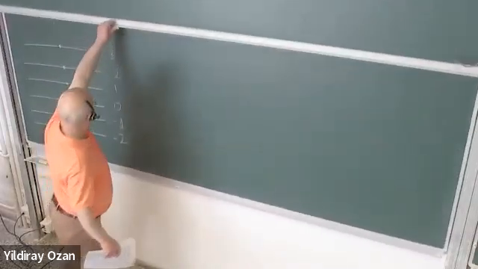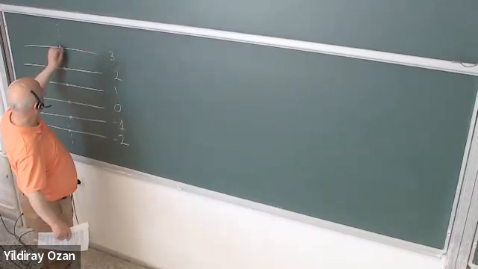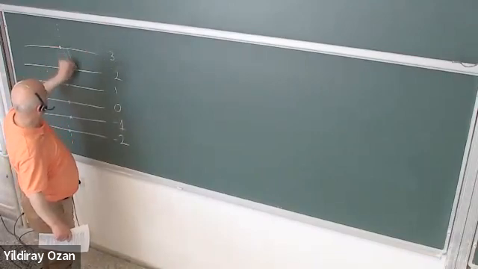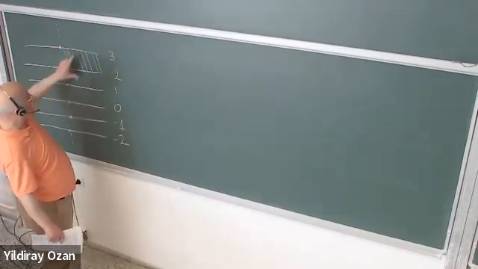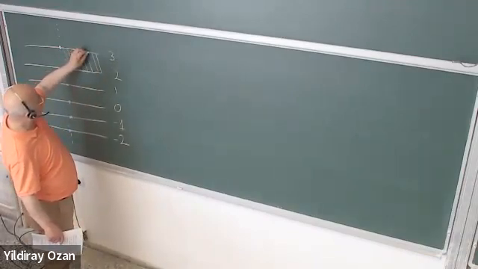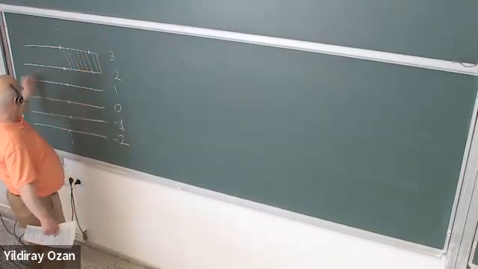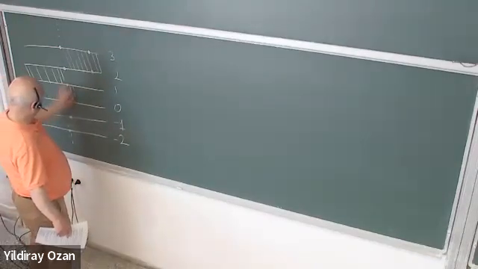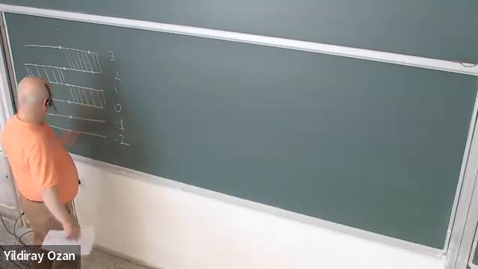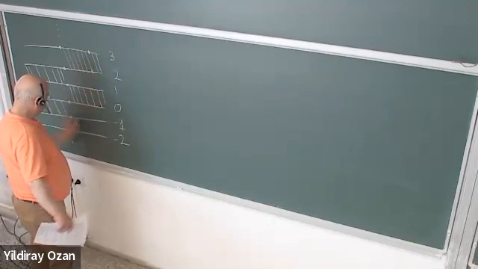So for positive real values, we identify these two. Let me shade this region, meaning that we identify a point here with this point. For the negative ones, we identify this part and this part, and then we identify this part and this part.